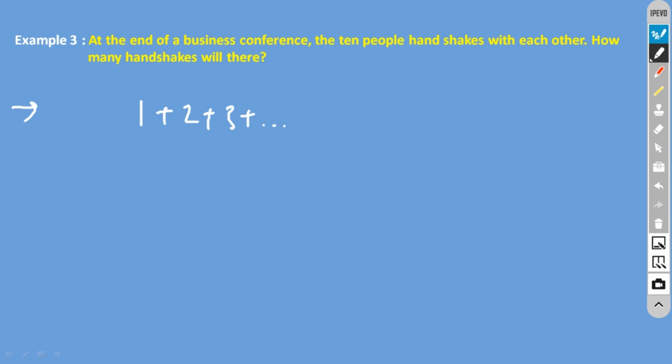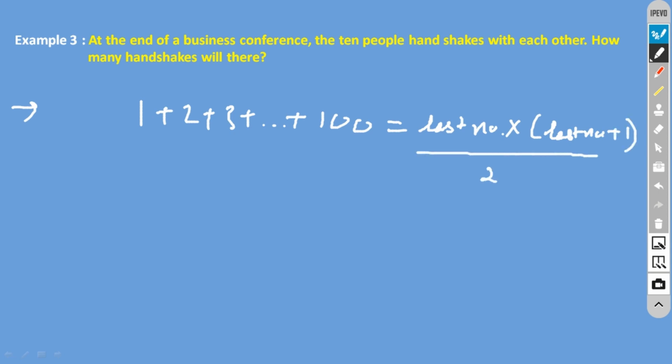The numbers should be consecutive. 1 plus 2 plus 3 till, let's say, 100. So what you are going to do is write the last number multiplied by the last number plus 1, divided by 2. I hope you got the answer.